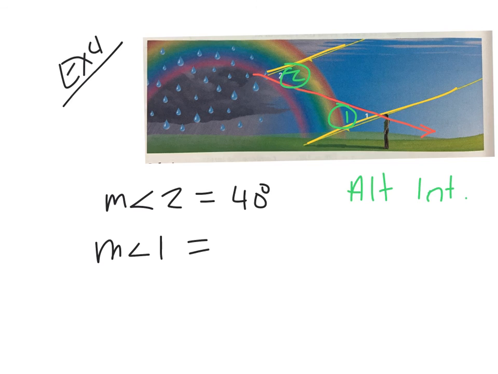So, what's the measure of angle 1? 40. Because of alternate interior. What's that theorem? Theorem 3.1. I mean, you can write alternate angles theorem if you want, but I'm going to go TH 3.1.